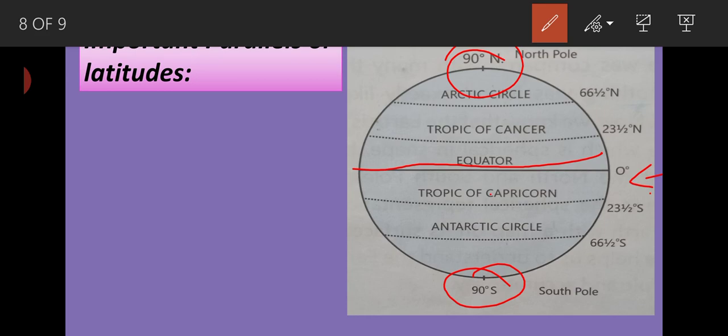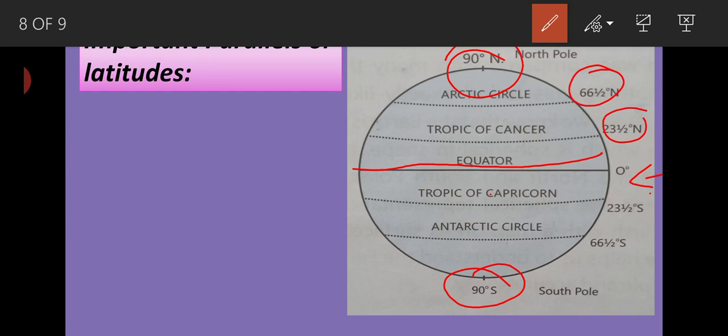Then to the north, another important latitude is the Tropic of Cancer, which is marked at 23.5 degree north latitude. Above the Tropic of Cancer is the Arctic Circle, which is marked at 66.5 degree north latitude.